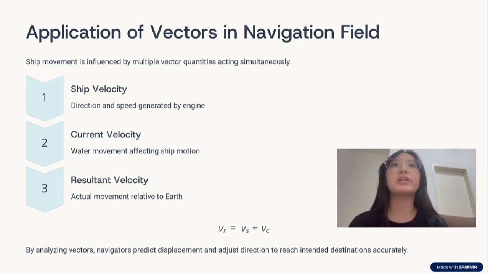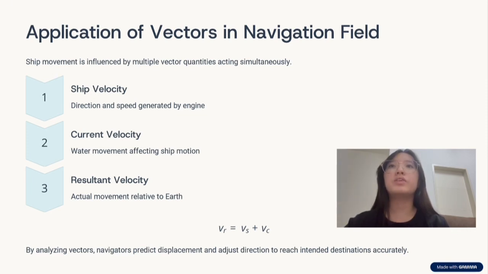Application of vectors in the navigation field. Ship movement is influenced by multiple vector quantities acting simultaneously. First is ship velocity, the direction and speed generated by the engine. Second is current velocity, water movement affecting ship motion.